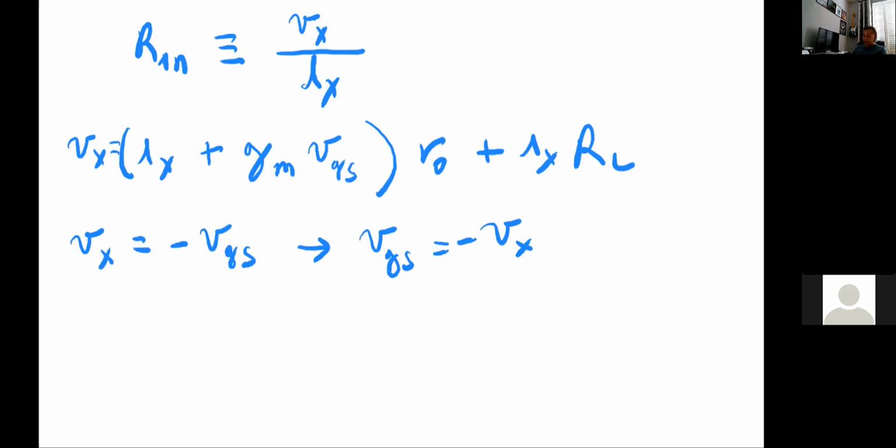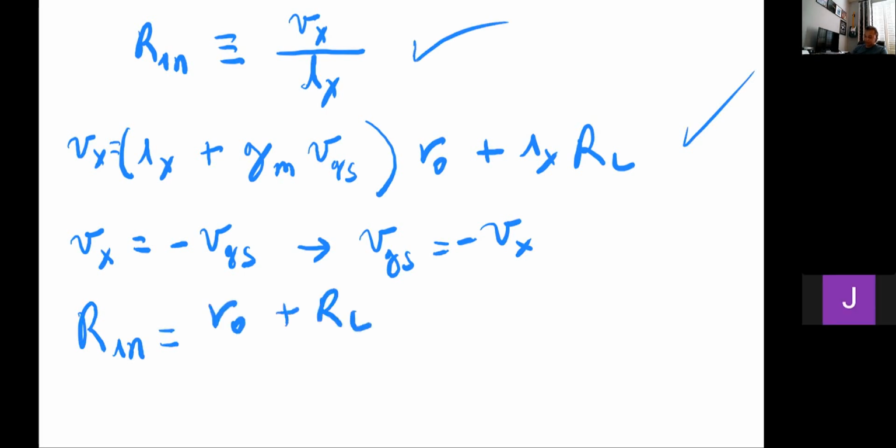If you apply that to this expression over here and do some algebraic manipulation, you get the Rin again from this expression. So this is the input resistance that we see at node X, or into the input of the common gate.